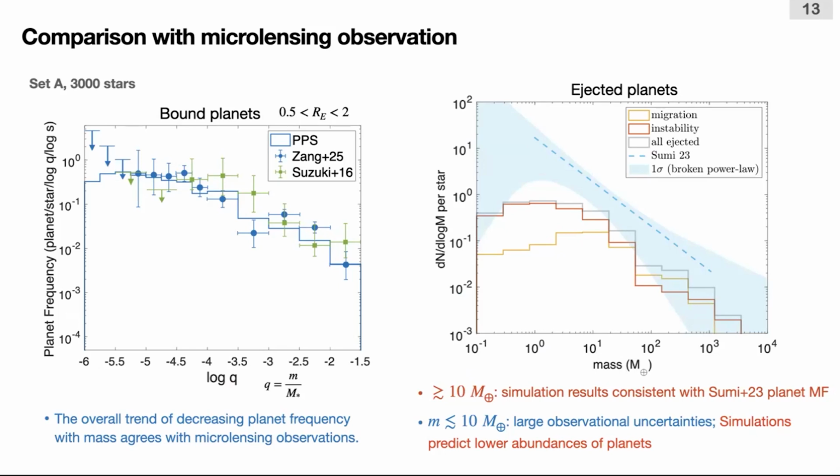So have you thought about what possible ways... what Dave mentioned is a way to do it, right? Which is you get another source of the free-floating planets that doesn't contribute to the bound planet population. But have you thought about ways of solving this discrepancy that doesn't screw up the bound planet population? It's a very powerful thing.